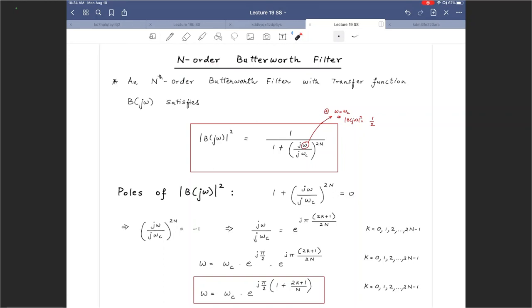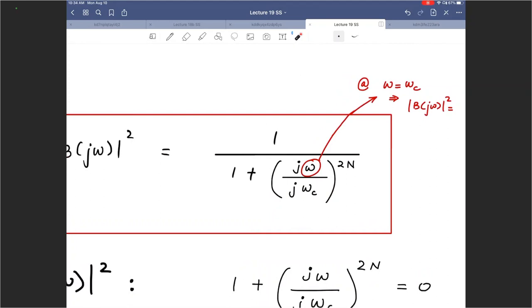The form of the frequency response is going to be very similar to the one that we derived for the third order, except that instead of the power of 6 that we used in the third order derivation, where we wrote j omega divided by j omega c, and omega c is the cutoff frequency for the Butterworth low pass filter, the generalized form is going to be 2n.